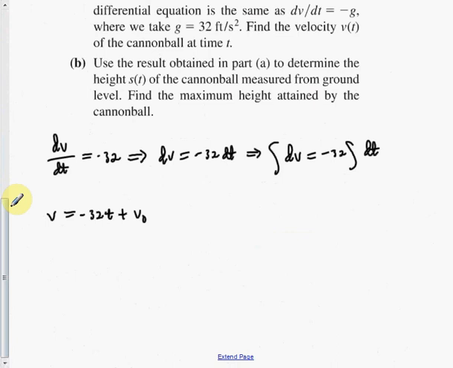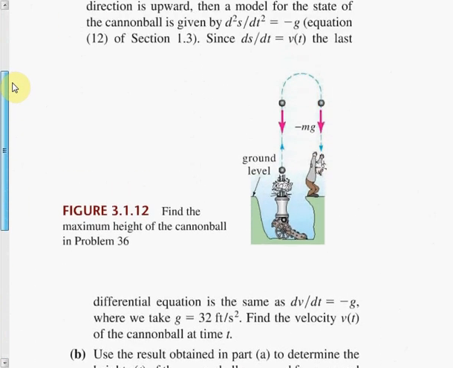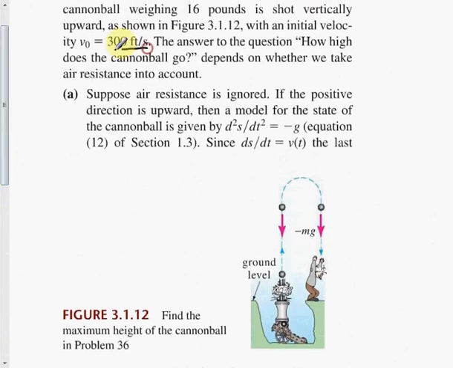We're looking for height, right? So the height would be that s movement. If I integrate the velocity again, that would give me the distance equation. So here, the integral of v dt gives us s, equal to the integral of negative 32t plus 300 dt. By the way, this initial velocity, he gave that to us to be 300. There it is. See that?